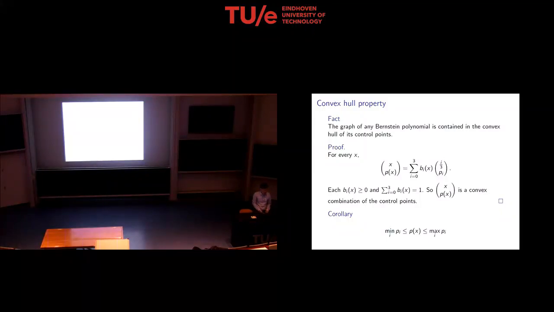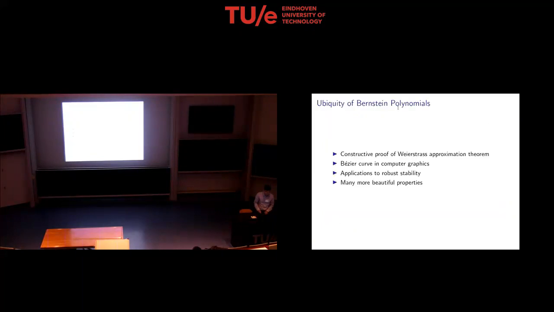And so (x, p(x)) lies in the convex hull. Now the corollary is actually the thing that we're going to use directly, which is that a polynomial is lower bounded by the smallest coefficient in the Bernstein basis.